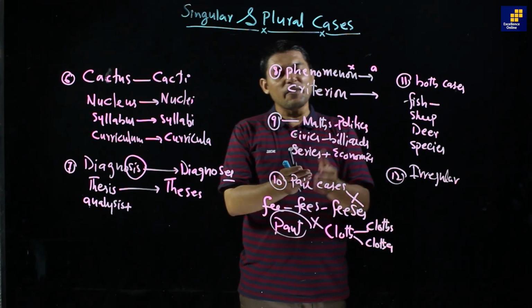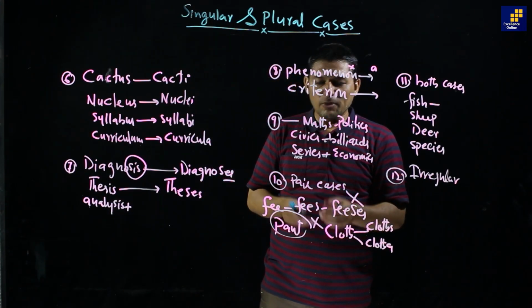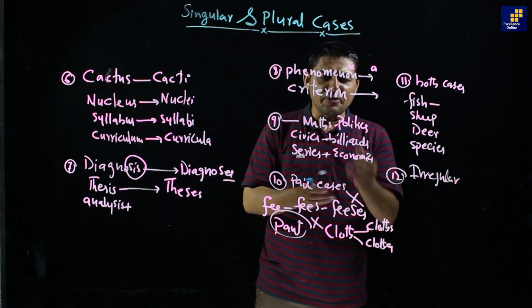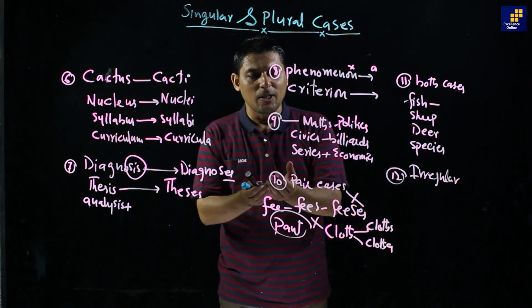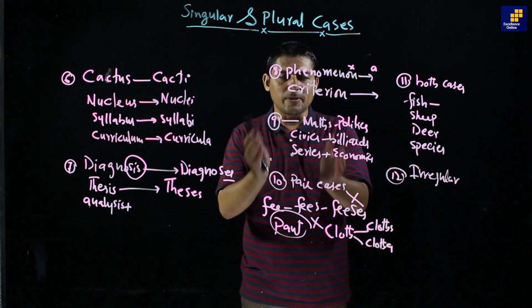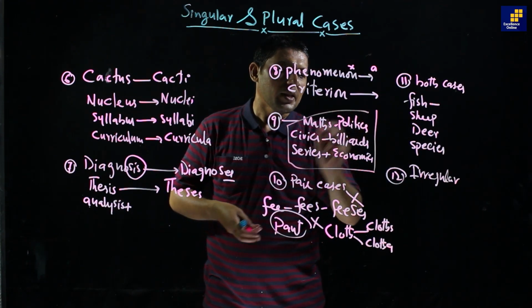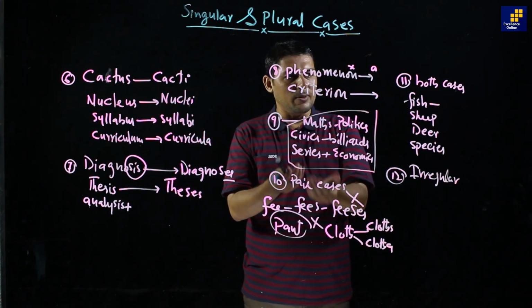Apart from these examples, we have more. So do not confuse yourself. If you have S at the end of any noun, it doesn't mean it is a plural form. You will see the sense of the word. So we have a list in which you have S, but always singular form.